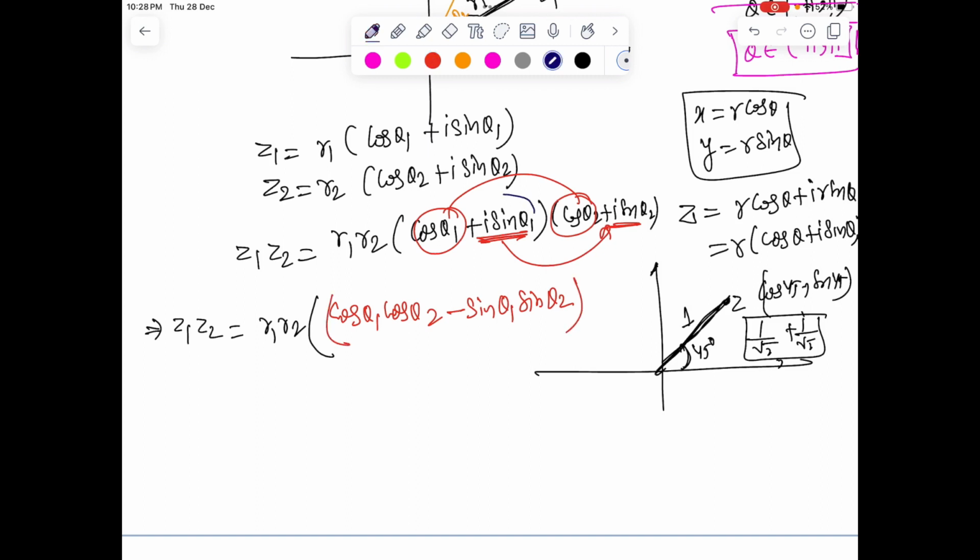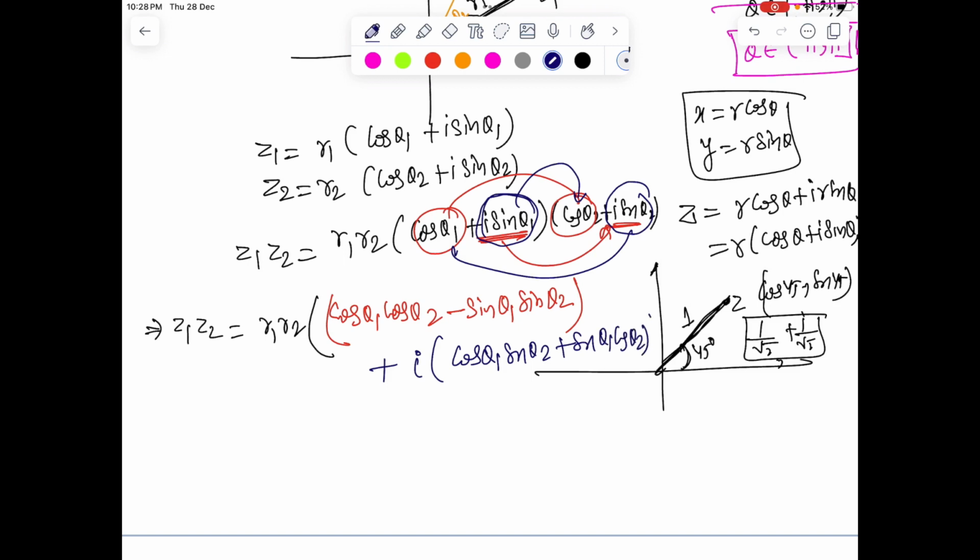And we can collect i terms also. So when this i part will collide with the real part, and this i part will collide with that real part, that will give i common (cos theta 1 sin theta 2 plus sin theta 1 cos theta 2).